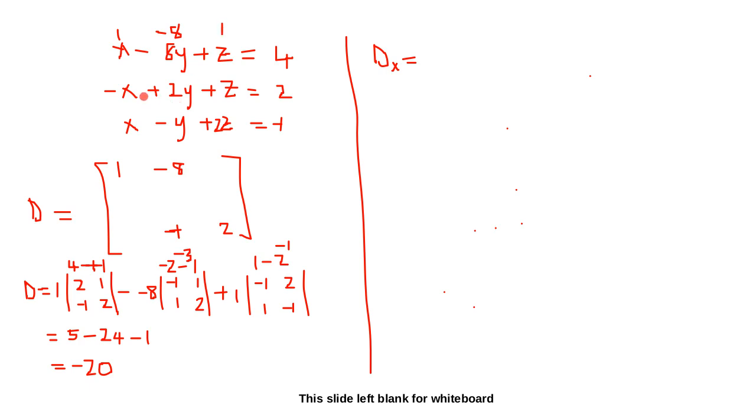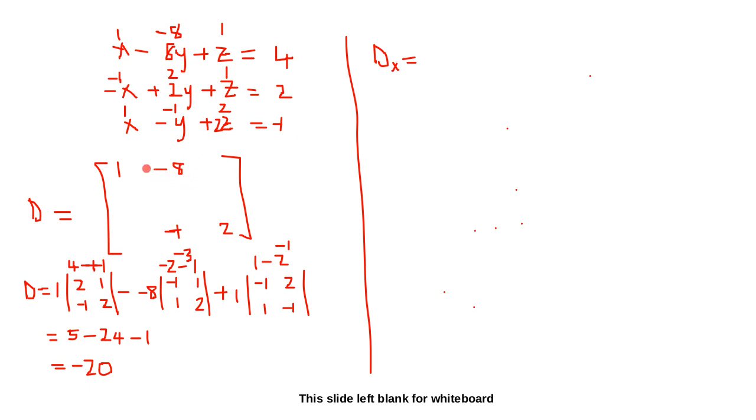Then in row 2, the value of x is -1, y is 2, and z is 1. Then row 3, the value of x is 1, y is -1, and z is 2. So this is where we are getting the coefficient matrix, which is our D here. So the negative 8 is this one here.